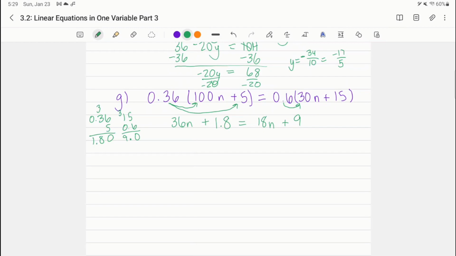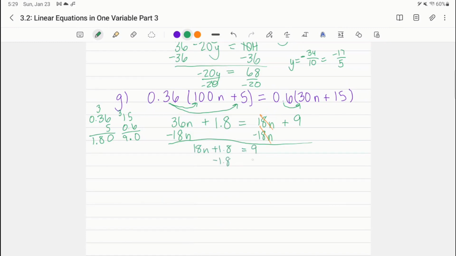Now this is going to be an instance where I am not going to clear the decimals. I'm going to leave the decimal and just continue working. So subtract 18n from both sides. The 18n's cancel on the left-hand side, leaving us with 36 minus 18 is 18n, plus 1.8 equals 9.